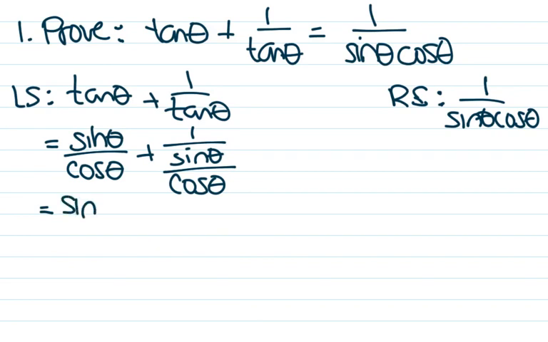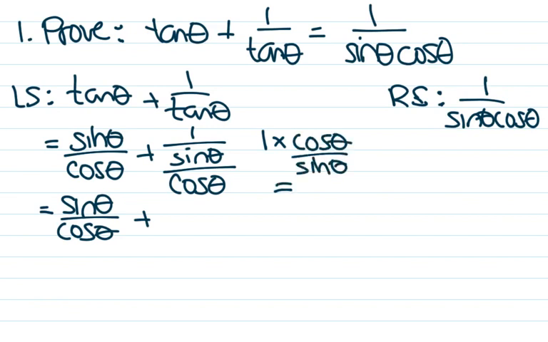So 1 divided by sine theta over cos theta would be the same as doing 1 times the reciprocal, so cos theta over sine theta. So I'm going to write that over here.